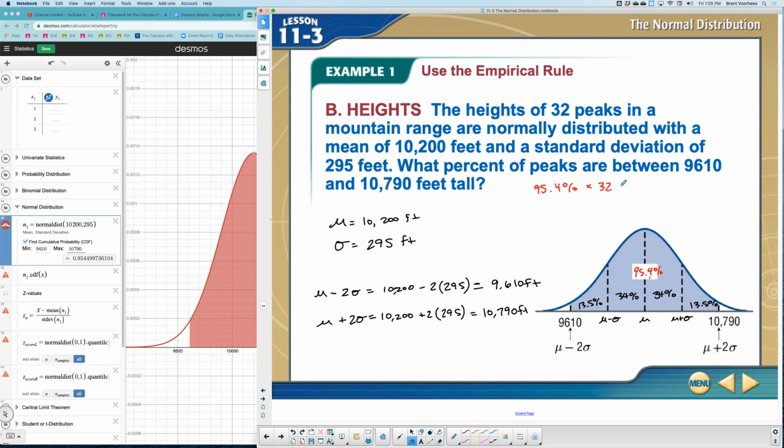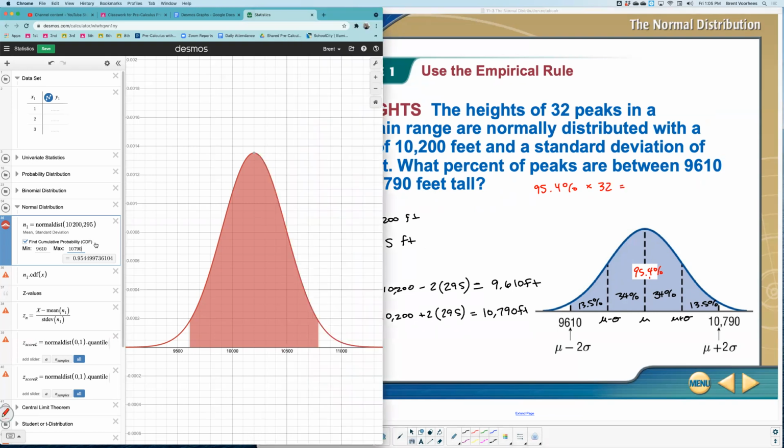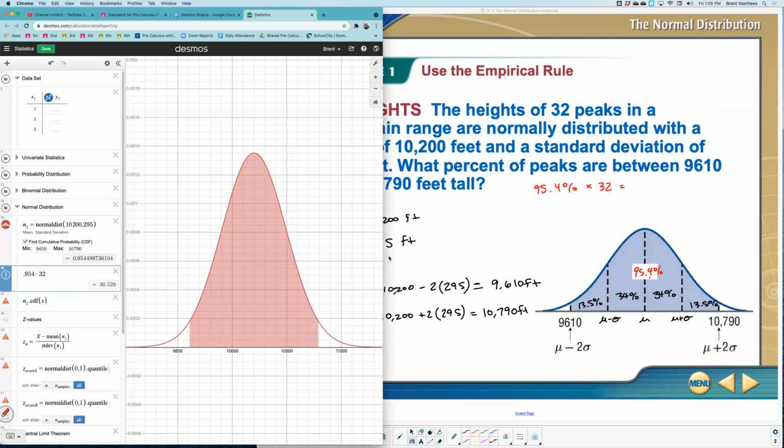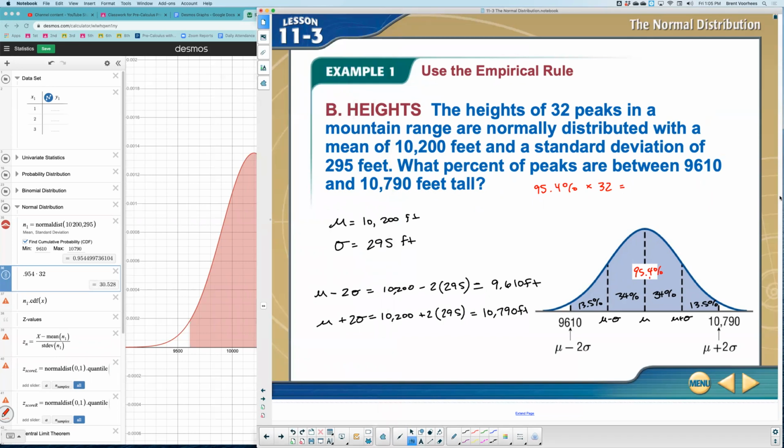Times the 32. 0.954 times 32 is approximately between 30 and 31 peaks that have heights between those values. So that's how you would interpret this data.